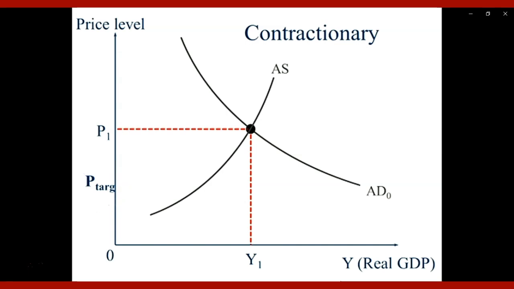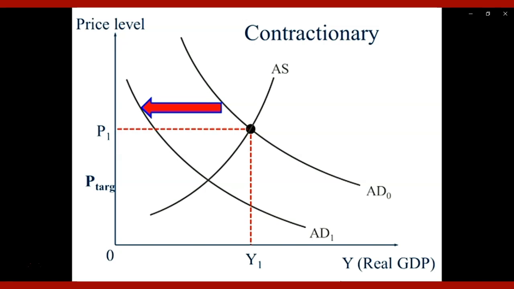So it increases the interest rate, it sells bonds, that increases the cash rate, that causes banks to charge higher interest rates, that causes consumers to decrease consumption spending, businesses to decrease investment spending, and net exports to fall. So aggregate demand decreases, shifts to the left.